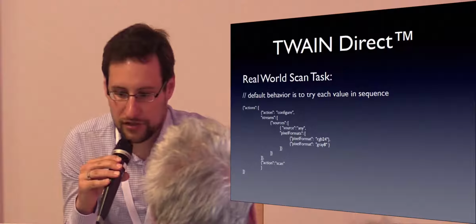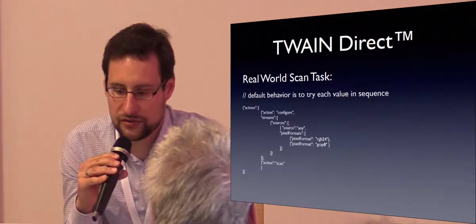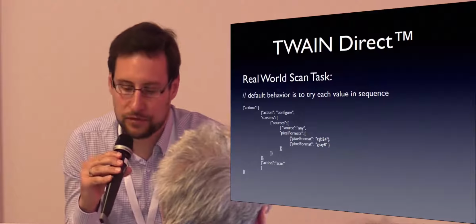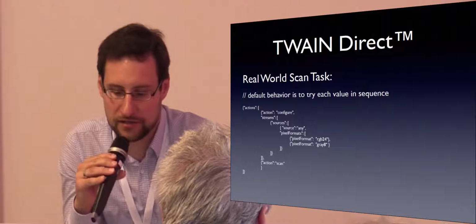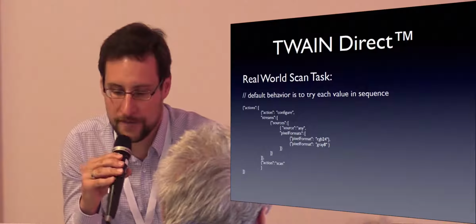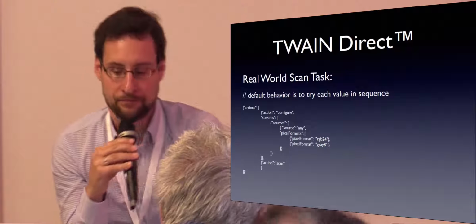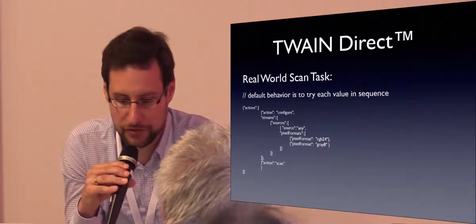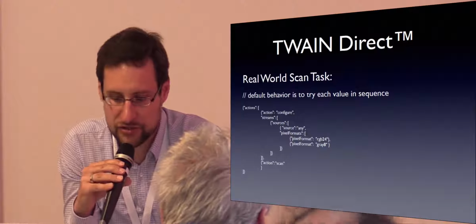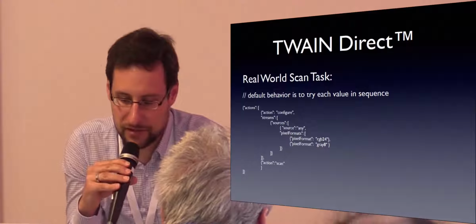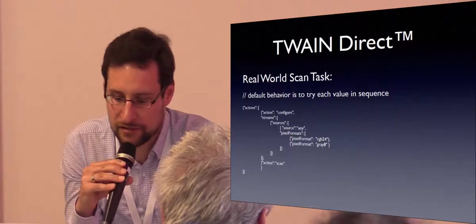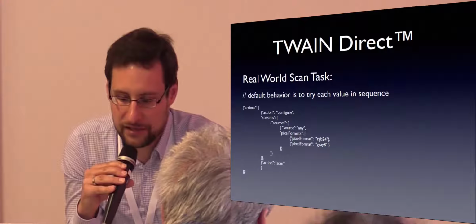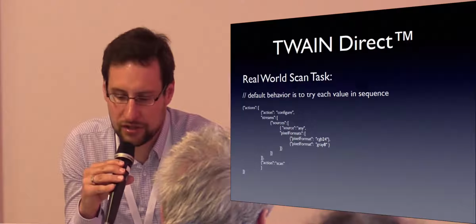I wanted to shortly come back to TWAIN Direct to give you an idea. The initial scan example looked obviously overly simple, yet it will still work. So a real-world TWAIN Direct scan task will look a little different. It will have a configure action. All these braces are the nature of JSON, a little bit like Lisp, you could say, a little bit many braces there. But aside from this, it's human readable.